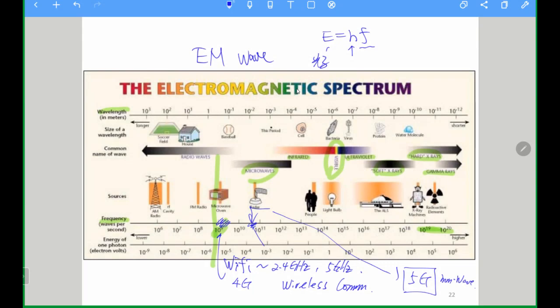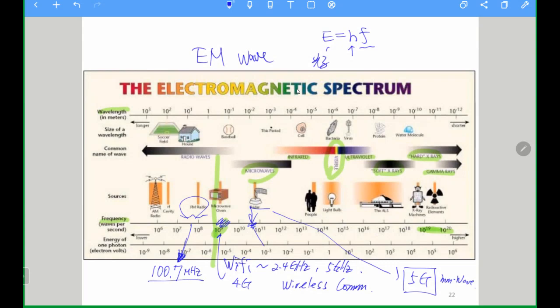Okay, around there. And for lower frequency, like FM radio, if you try to listen to the Macau radio stations, it is like 100.7 megahertz for the Macau radio station.